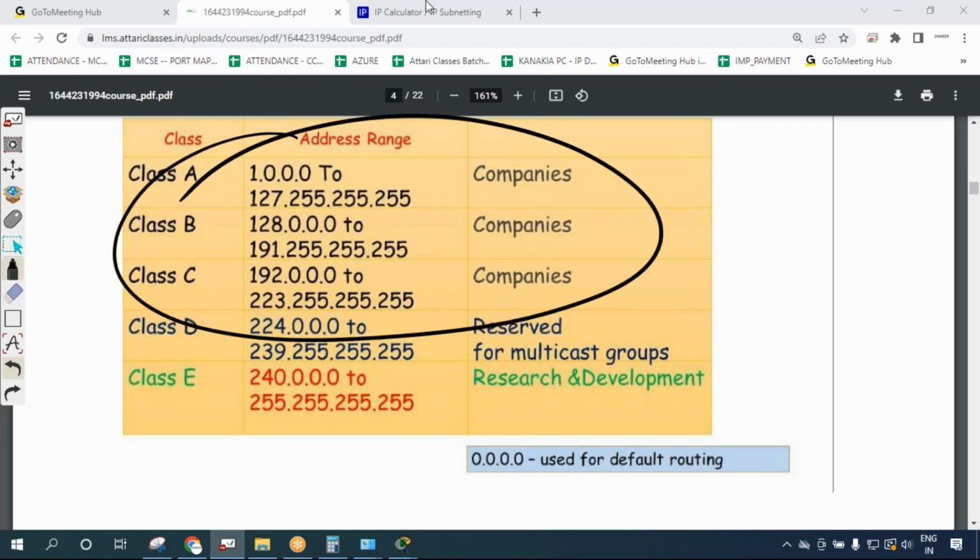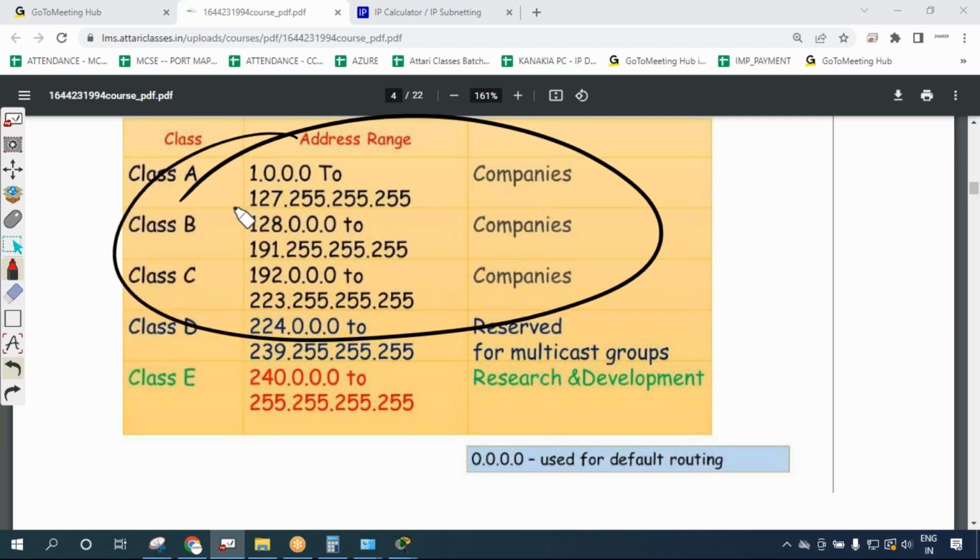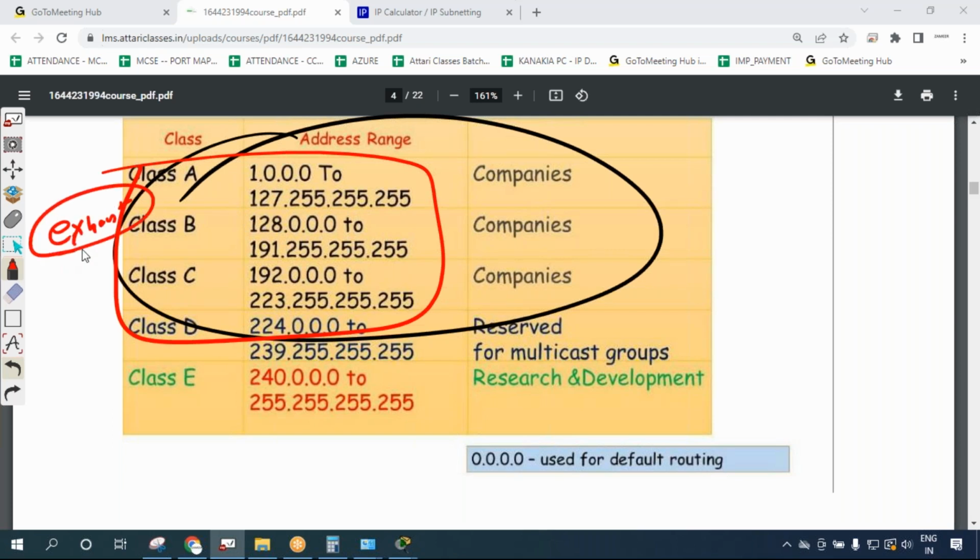But slowly, what happened in this case is that more companies were increasing. Companies increase, and IANA said, we have limited IP addresses, we will exhaust. We cannot give IP address to everyone. Internet is booming.